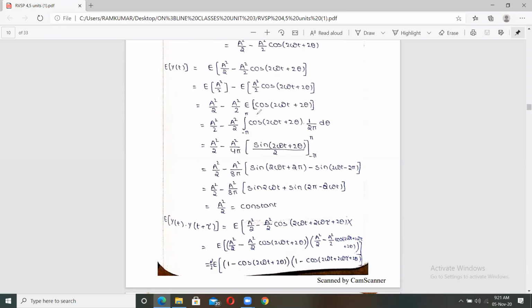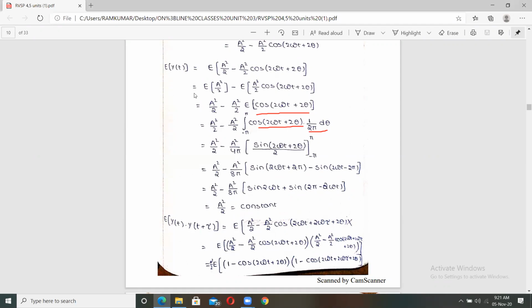If we calculate E of cos 2 omega t plus 2 theta, what is the formula for expectation of this one? Expectation of this value is nothing but, suppose if you take it as x of t, then x of t into f of x dx, right?